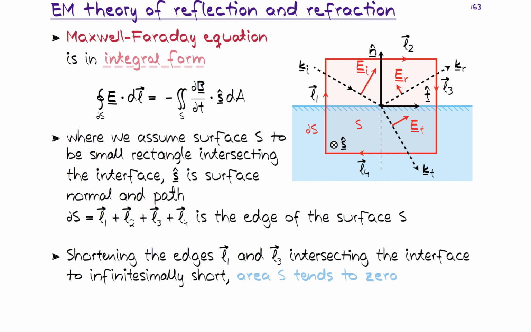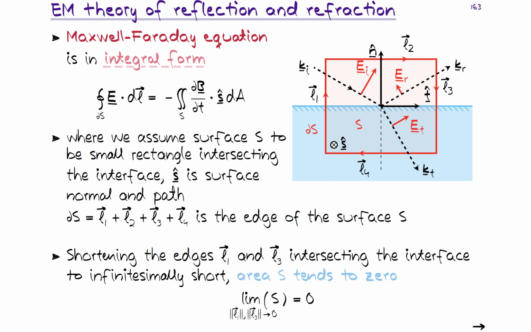Essentially the area of S tends to 0, and mathematically speaking, we would say that we take the limiting value of the S surface and we let L1 and L3 approach 0. And this means that the limiting value of the area S will be 0 also.